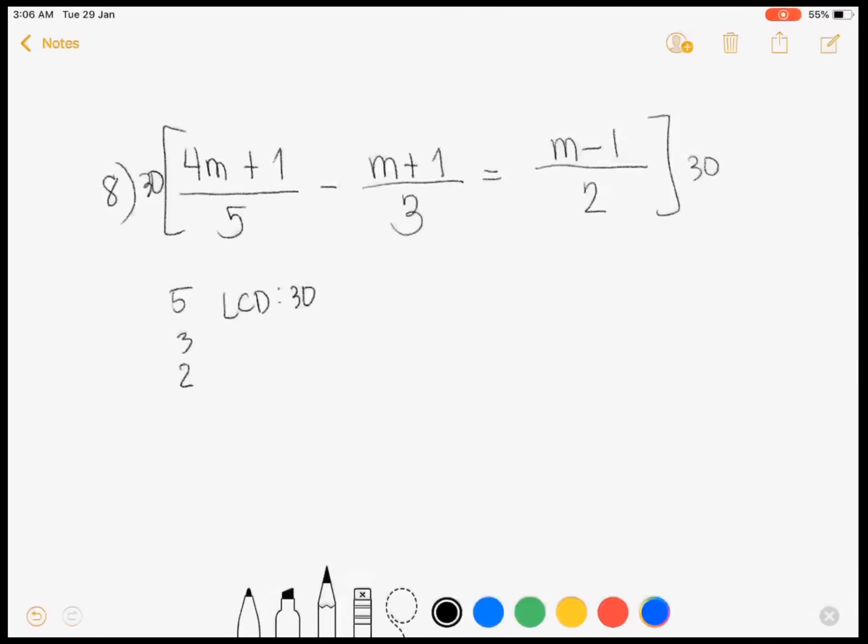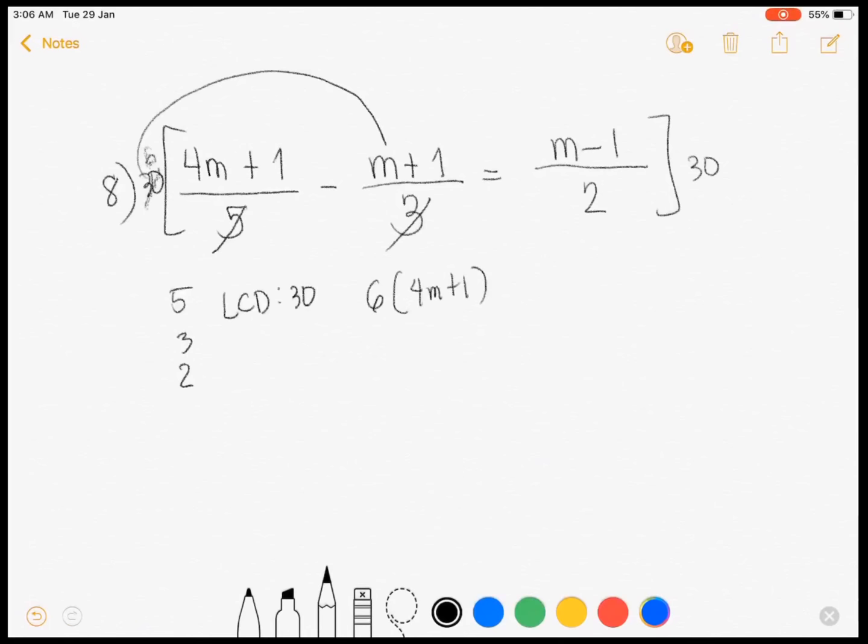So we have 30 times 4m plus 1 over 5. So makakancel yung 5 sa denominator, magiging 6 na lang yung 30. So therefore, we have 6 times, always put parenthesis dun sa 4m plus 1 kasi 2 terms siya, so quantity siya. Same as dito sa m plus 1 over 3. So we have 30 times negative m plus 1 over 3.